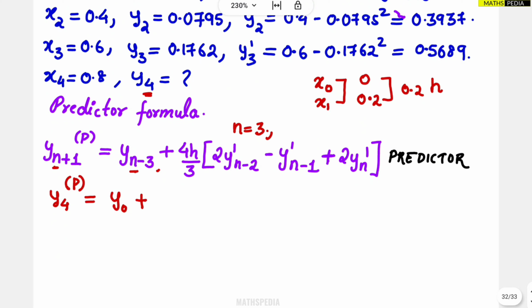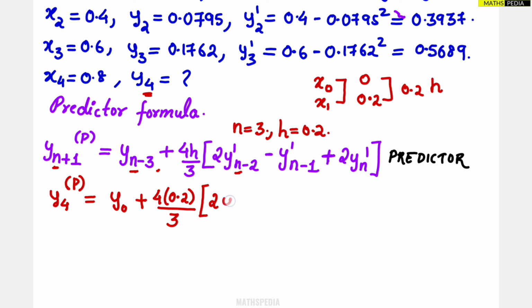You can note it down. So 4 into 0.2 divided by 3, into 2 into y dash of 3 minus 2, which is y dash of 1, minus y dash of 3 minus 1, which is y dash of 2, plus 2 into y dash of 3.